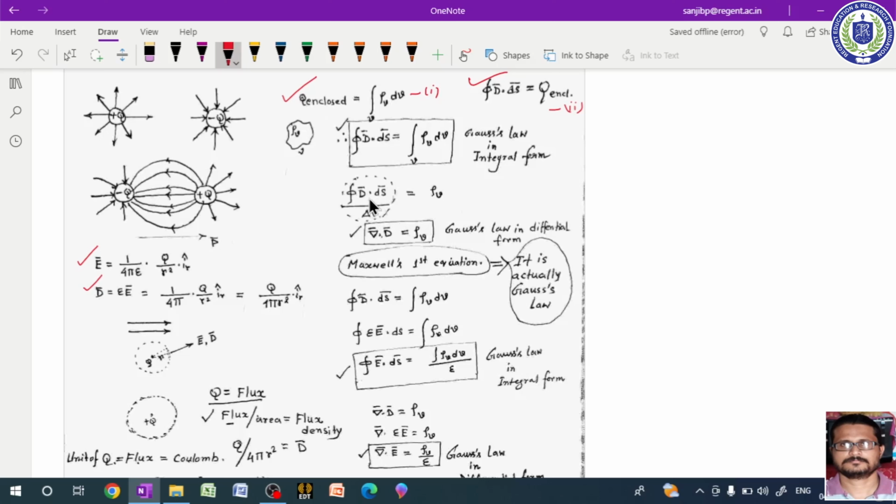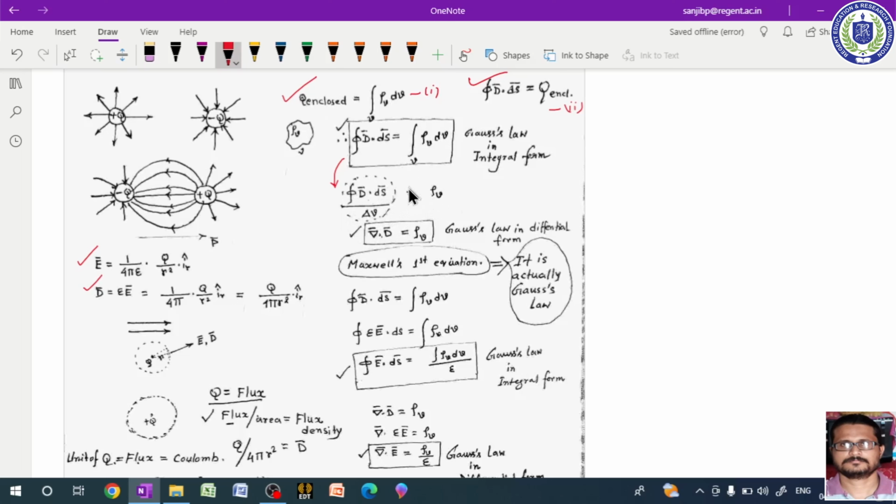From the theory of divergence, you see the expression here. If we divide by dv and write it in such a form, this expression will be equal to rho v.